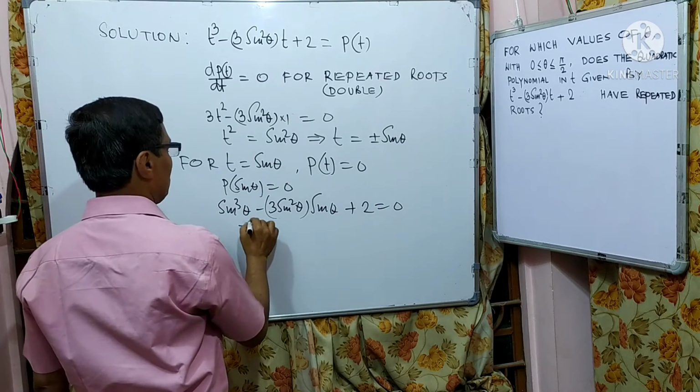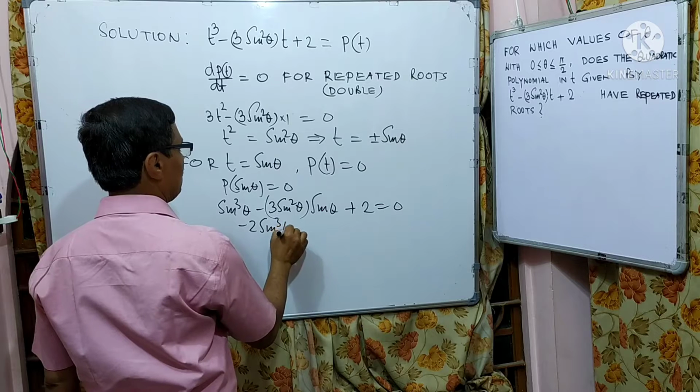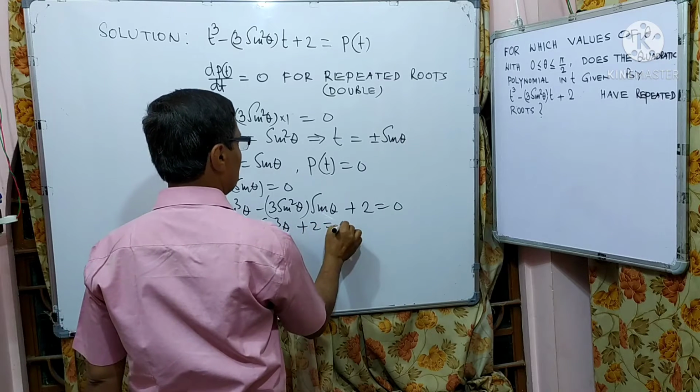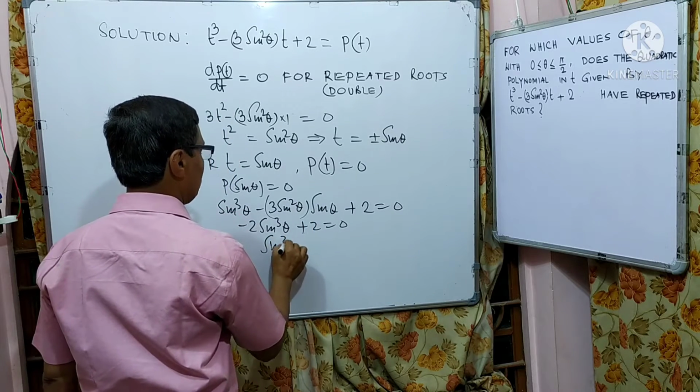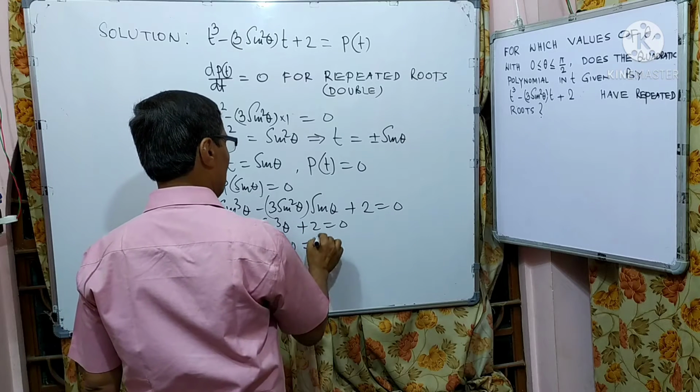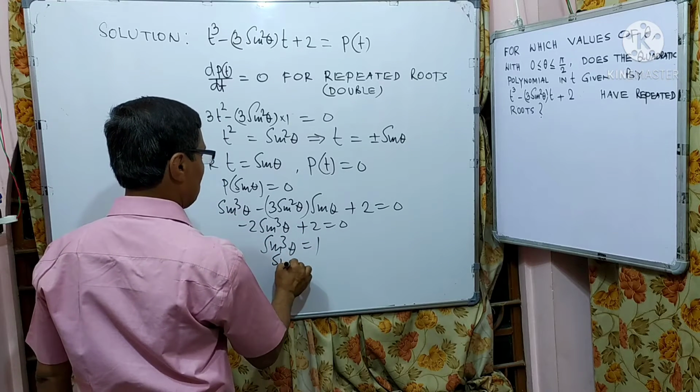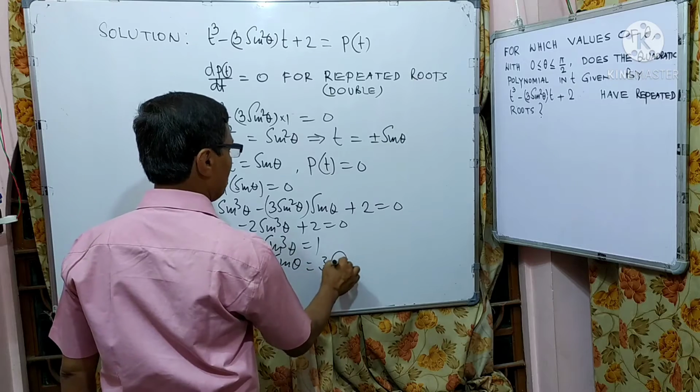That is, minus 2 sin cube theta plus 2 equal to 0, that is, sin cube theta equal to 1. So sin theta equals the cube root of 1.